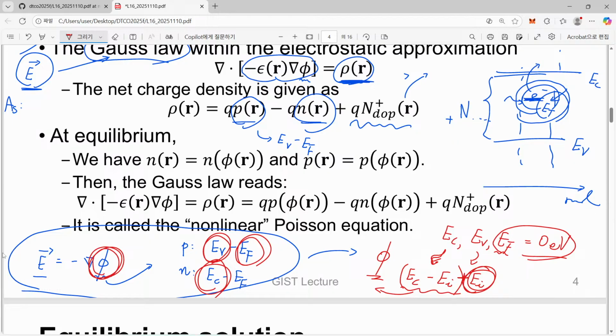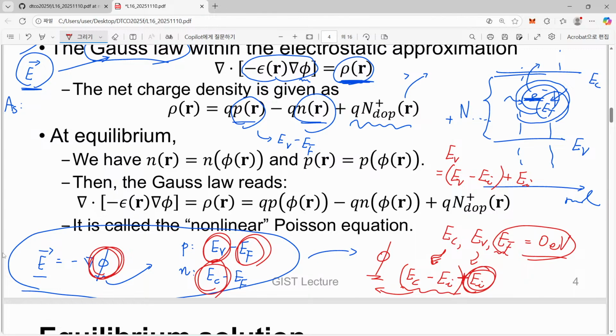Let me just repeat it once again for EV minus EI. If we have EV, then it can be expressed as EV minus EI plus EI. And the difference between the intrinsic Fermi level and valence band maximum is also given as a material property.